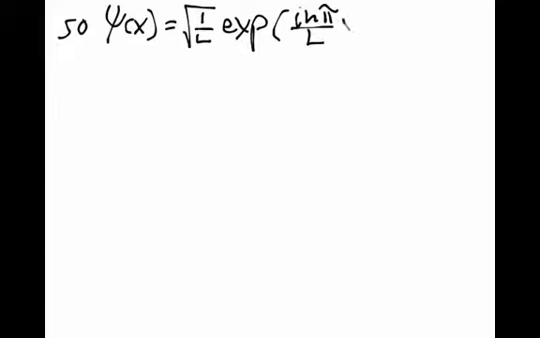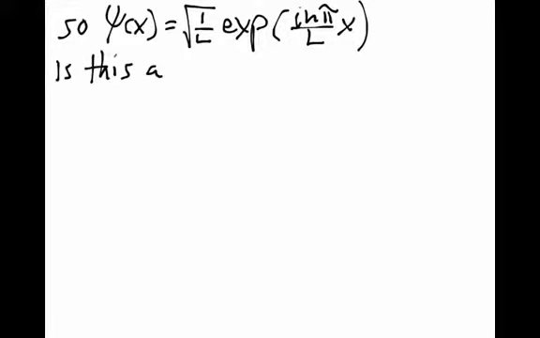Alright then. So now I have psi of x is equal to the square root of 1 over L times e to the i n pi over L x. That's a fully normalized wave function. Notice it's square root of 1 over L now. It gets a slightly different normalization, but it should look pretty familiar.